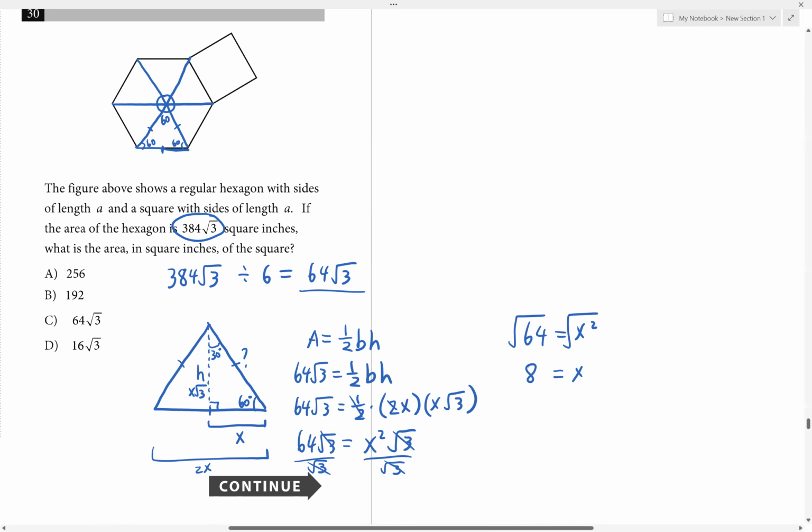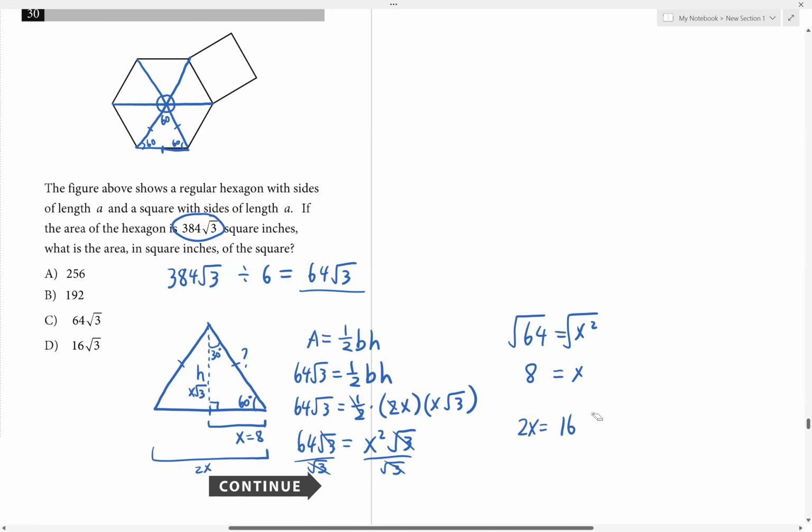So we're almost there. We know x is 8, the short side. The whole base of the triangle is 2x, which is 2 times 8, which is 16. That's the side of the triangle, which is also the side of the square.